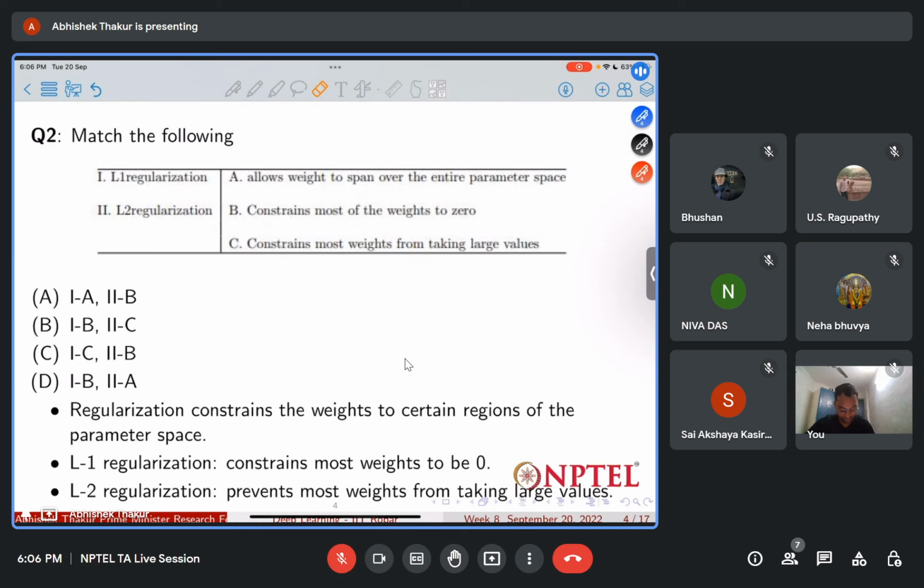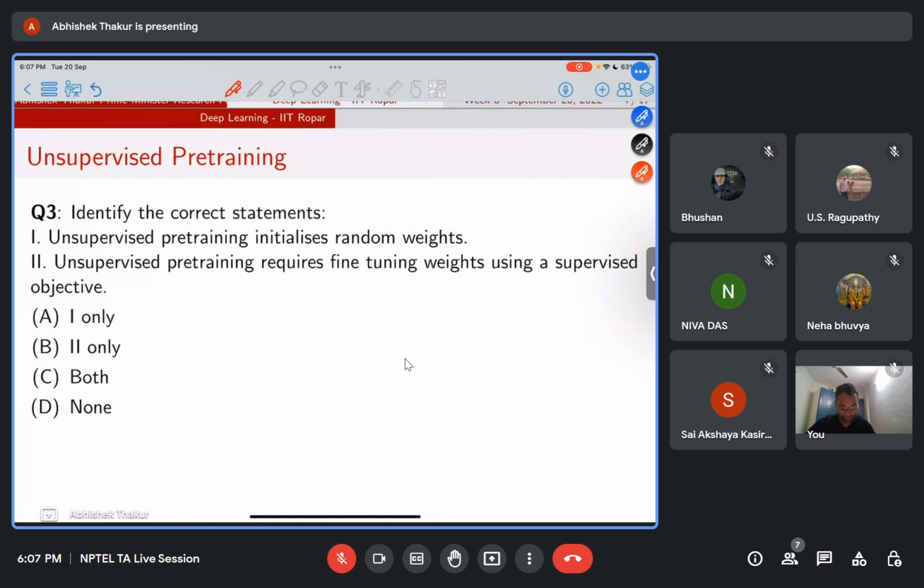On the right side, we will see which one matches properly. We all know that regularization constrains the weights to certain regions of the parameter space. In L1 regularization, it constrains most weights to be 0. And in L2 regularization, it prevents most weights from taking large values. So these concepts we know.